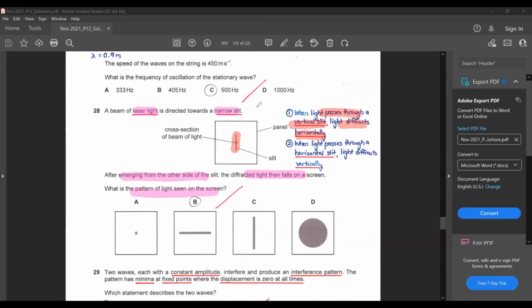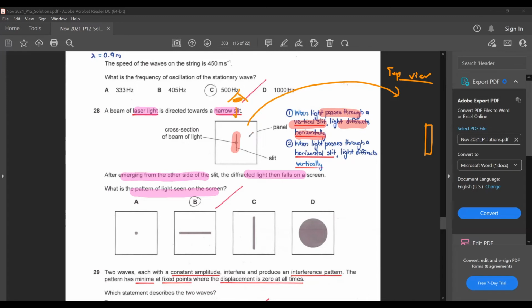If I try to draw for you a top view of what's happening, it could be that this one is your slit. This is viewed from the top, meaning this is where your eye is.